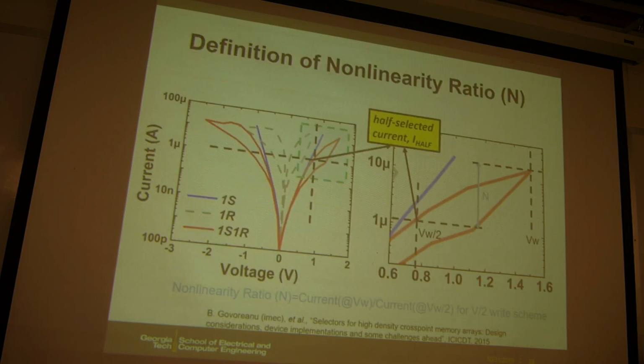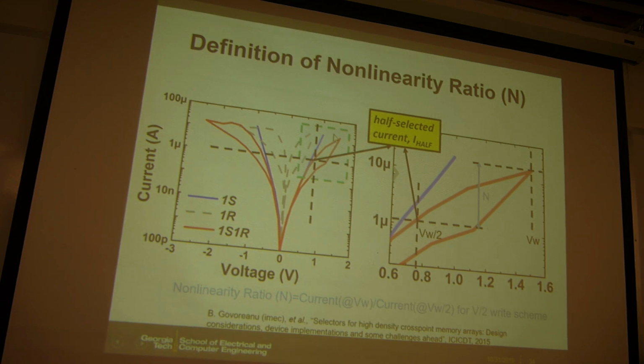So how would this help? Previously, if you don't use this selector, say your write voltage is roughly 1.5 and half voltage is roughly 0.7.